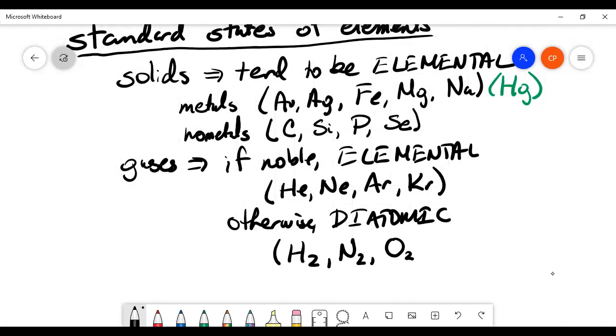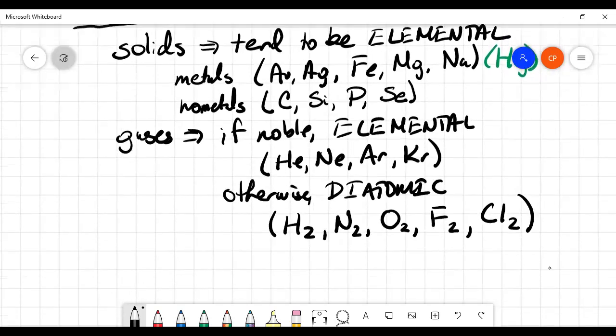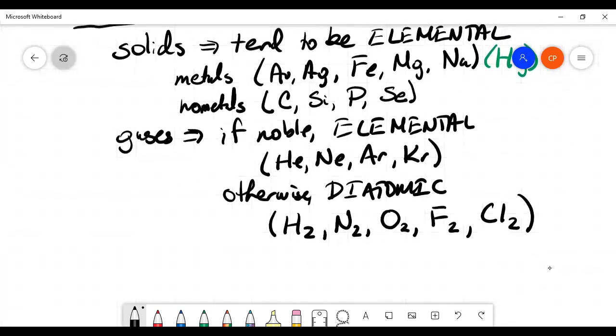We don't say O, we say O2. We don't say F, we say F2, fluorine. We don't say Cl, chlorine, we say Cl2. And it's important to recognize that hydrogen, nitrogen, oxygen, fluorine, and chlorine are always diatomic in their standard states.